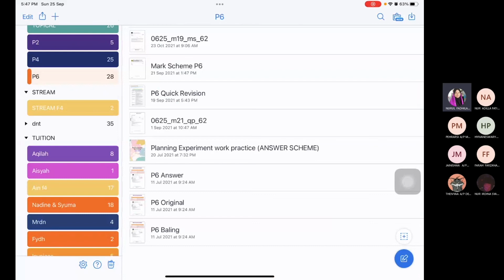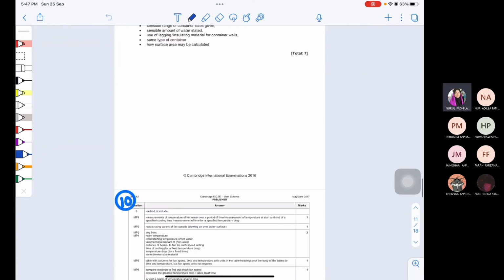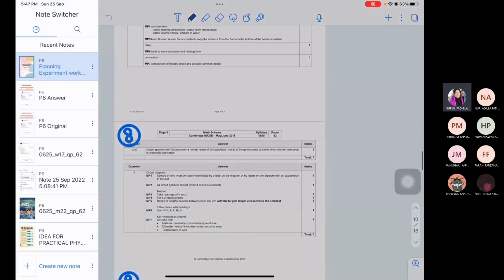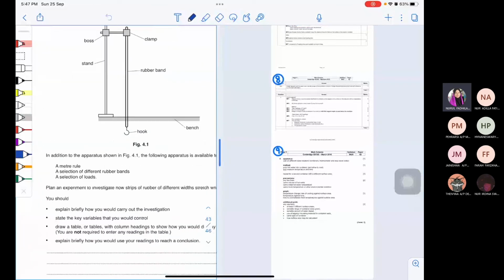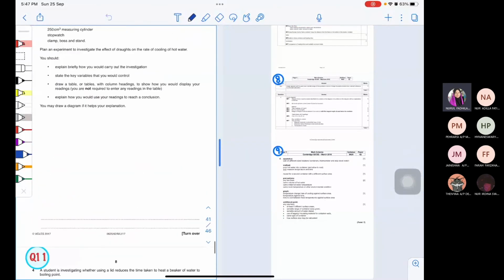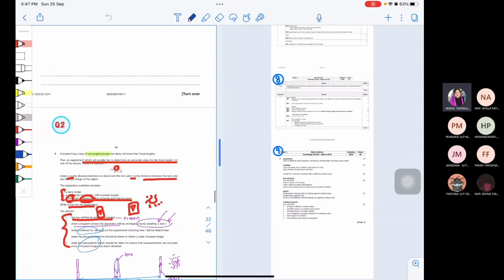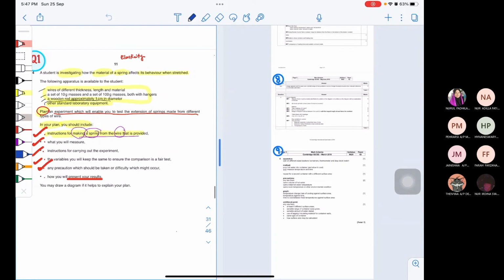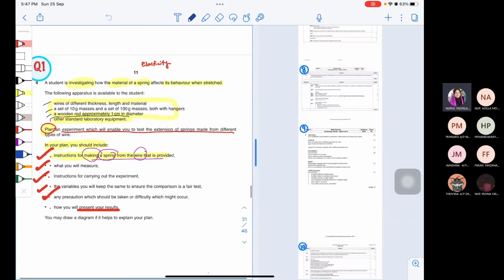What is the answer? If you look, the question is not difficult. You just need some ideas on what to do. Going back to the first question, it is the same topic we just did, elasticity or Hooke's law.